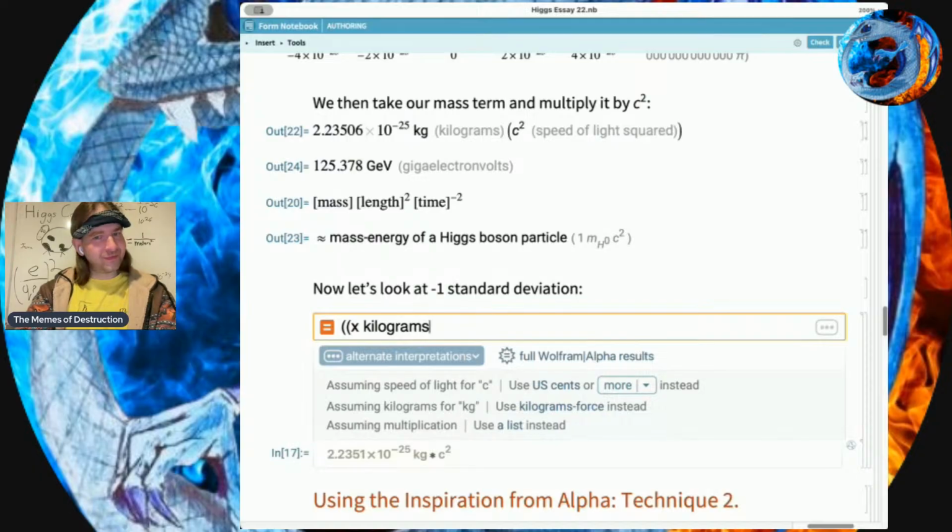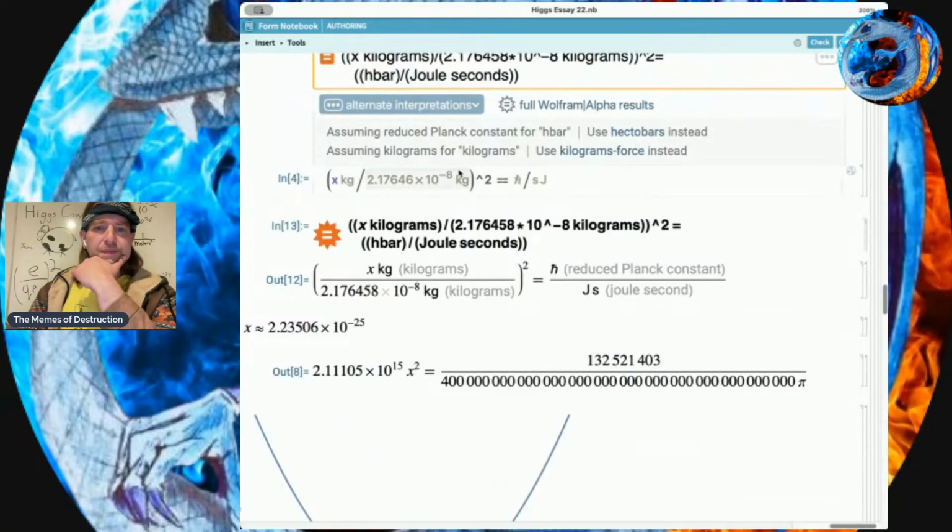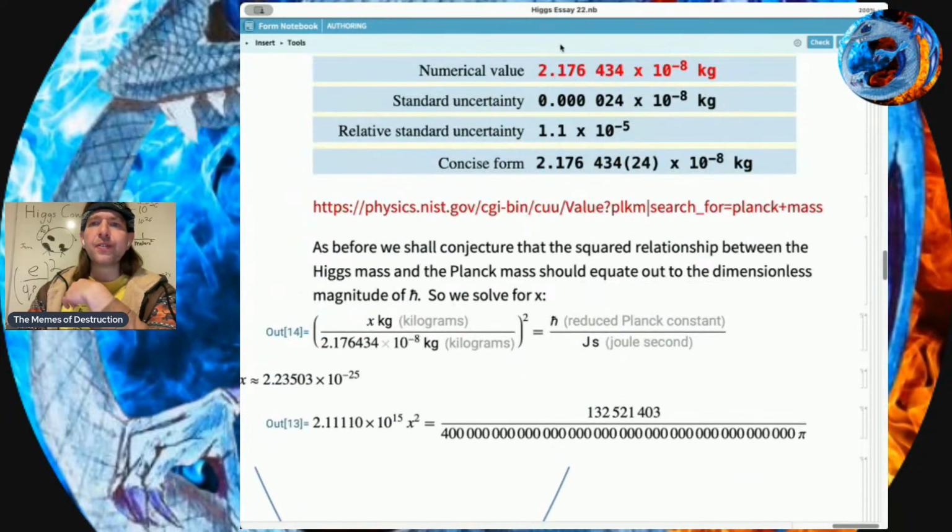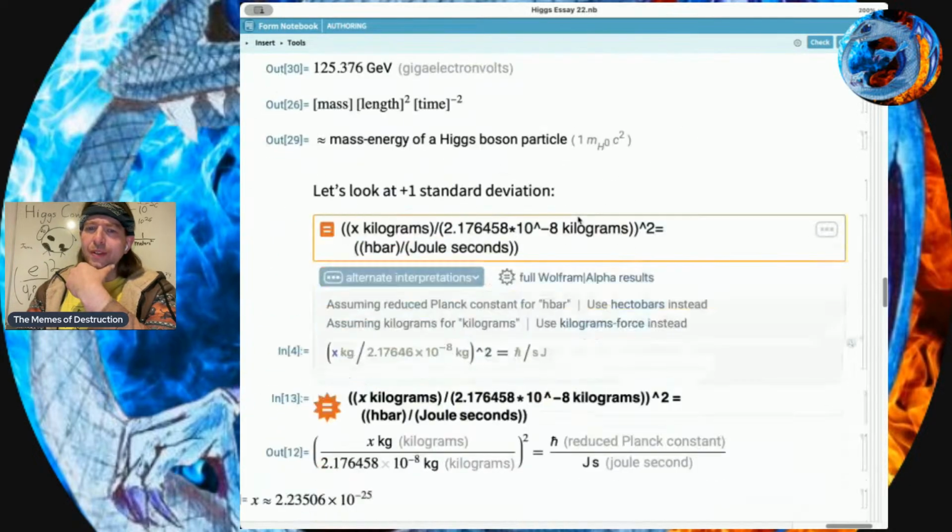Kilograms. Divide by 2.1764, should be 20. 2.1764. Then minus 24. And the last two, oh, excuse me, equals 10. That's there. Okay, so it'll be 10.